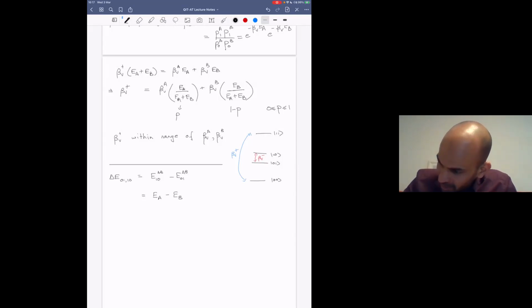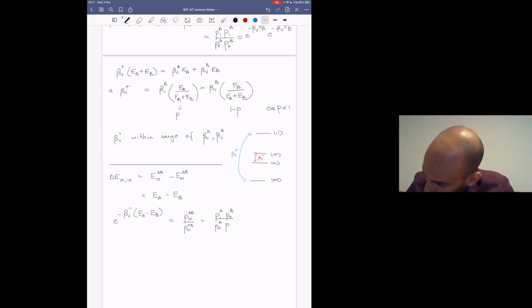Right, so that's the difference in energies, and the population P01, I'm not going to write this down because it's the same. So let's look now at the Gibbs ratio. So e to the minus beta V minus times the energy gap of this transition is given by P10 AB upon P01 AB, which is P1A P0B upon P0A P1B.